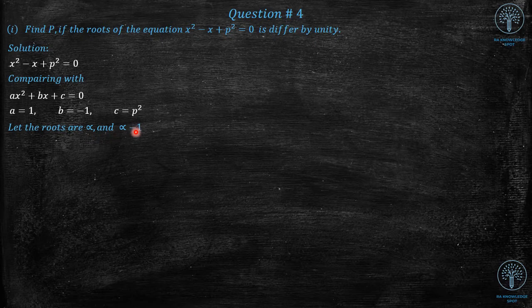Now dear students, in the previous question we had alpha comma beta, and we were finding alpha plus beta. Now in this question, beta is replaced by alpha minus 1.